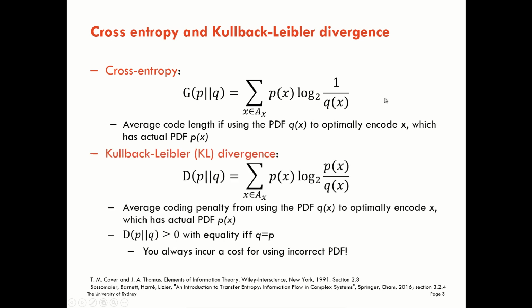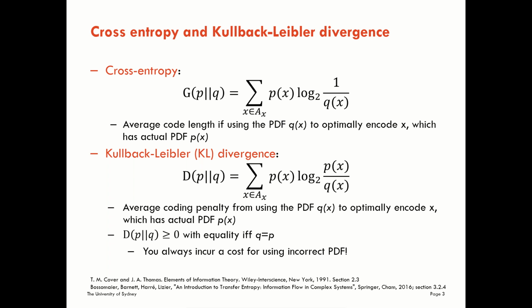So similarly, then we can look at the Kullback-Leibler divergence, which takes a difference between the code length that would be used if we assumed there was a distribution Q that x was following versus the code length that would be used if we had used the true distribution P. So we can look at the Kullback-Leibler divergence as a coding penalty.